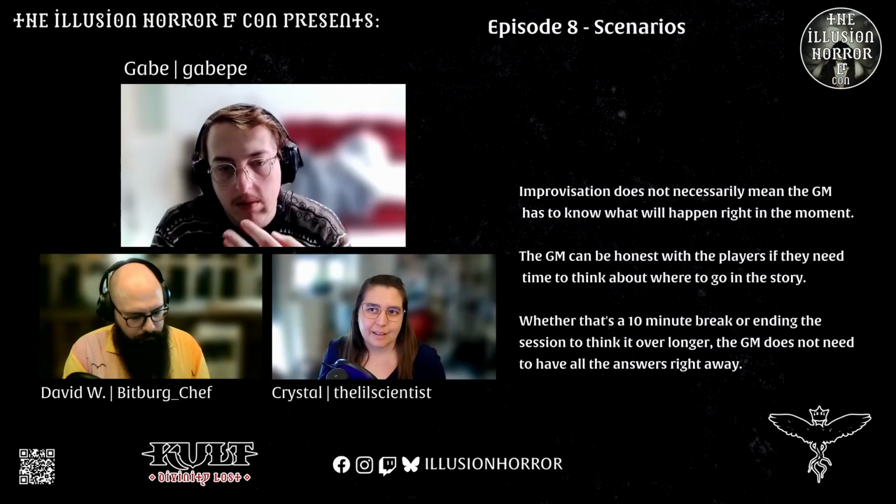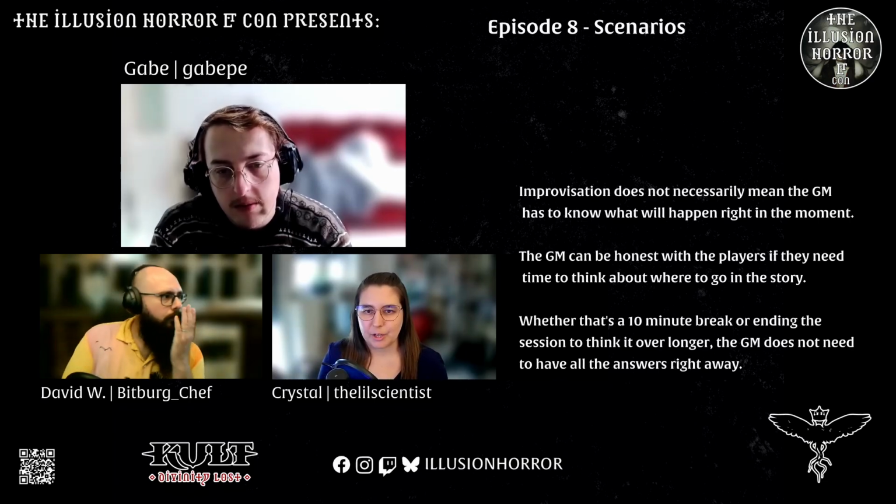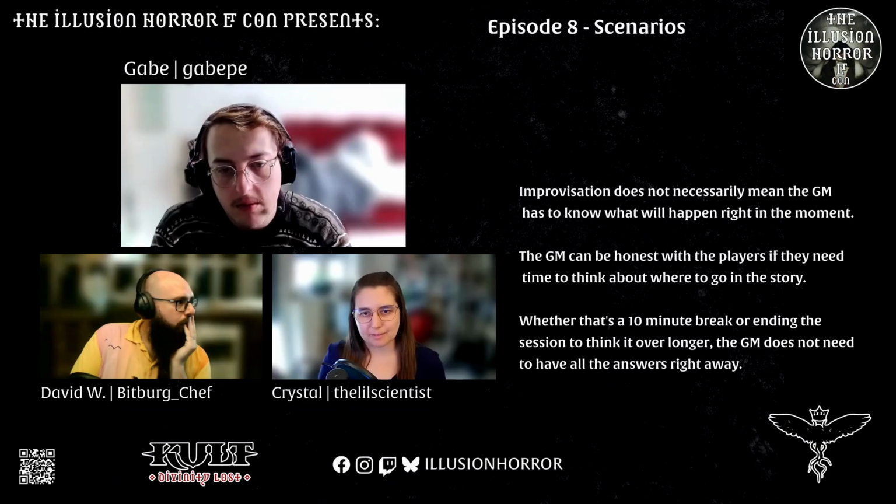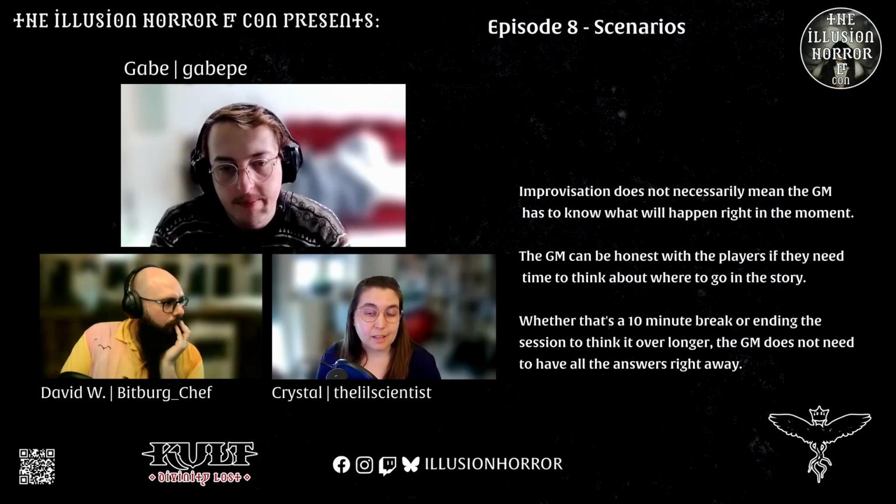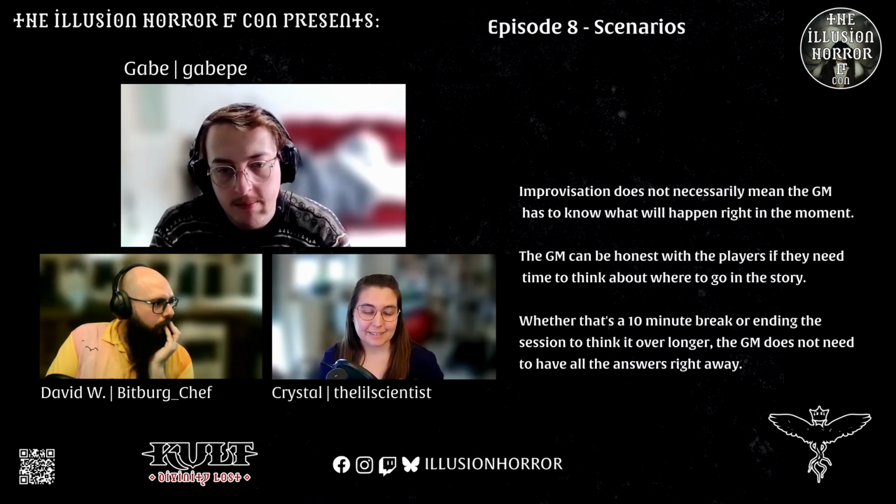You don't always have to be Johnny on the spot with all of your improvisation. There's been many times where I've told players, you've done something a little off the wall, and that's okay. Give me 10 minutes, and then we'll get back to it.